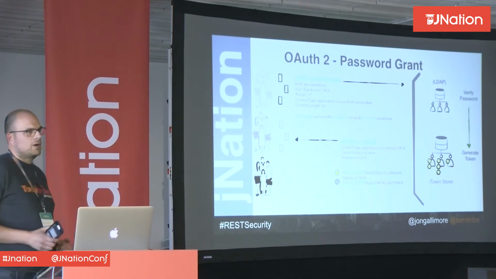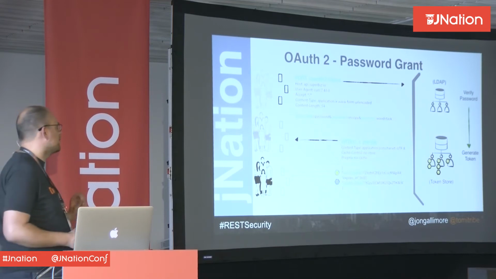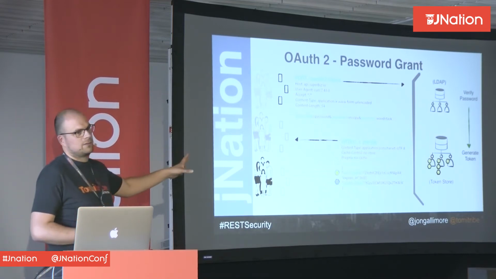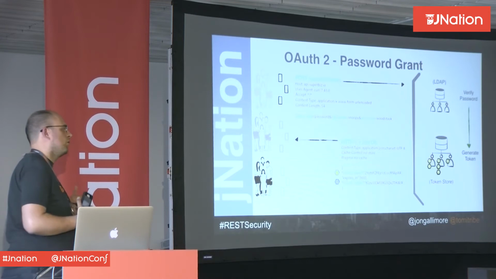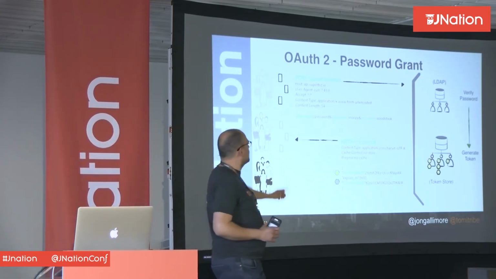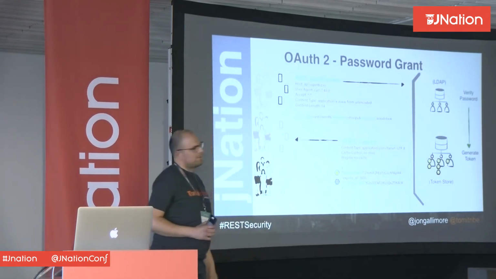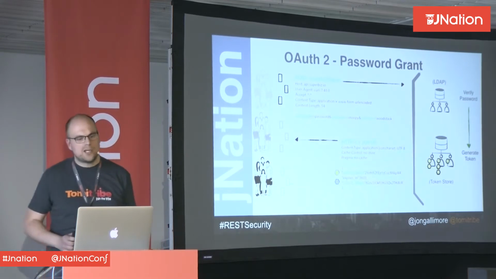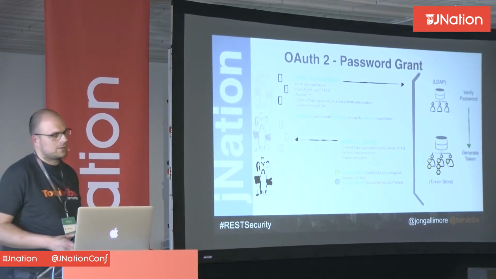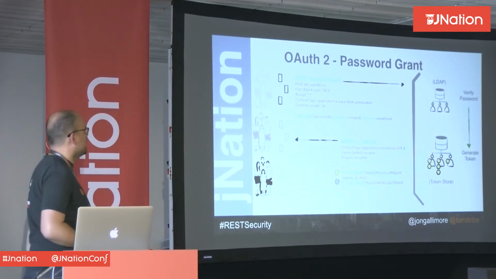In terms of how OAuth works, there are a number of different flows, and I'm showing what's called the password grant here. When the user logs into their application, they send a POST request to a token endpoint, and they provide various details URL form encoded. We've got a grant type of password, and we've got Snoopy's username and password going there.